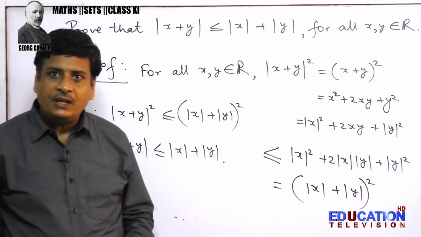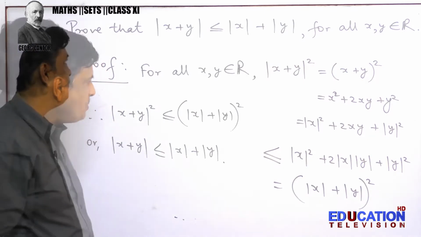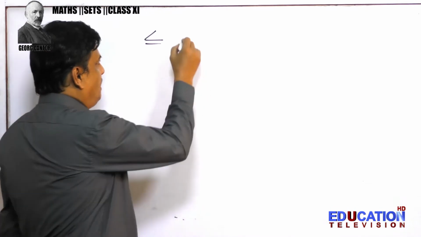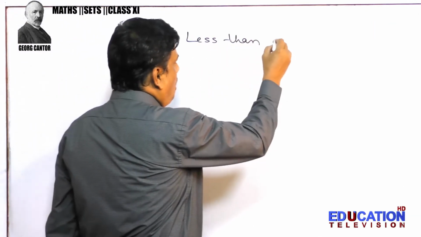Modulus x plus y is less or equal to modulus x plus modulus y. This completes the proof. The symbol, this indicates less than or equal to.